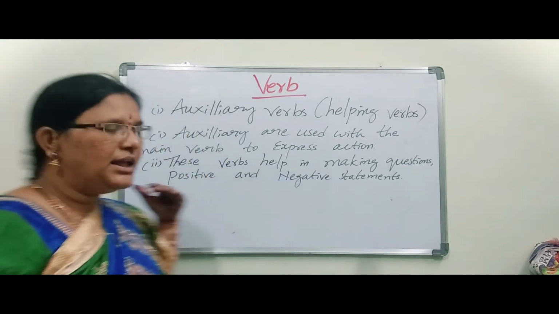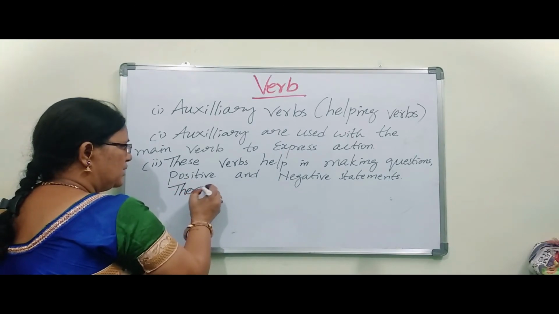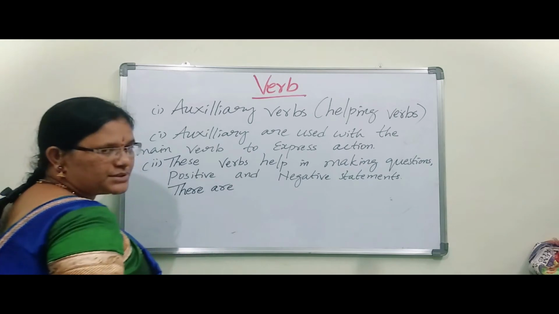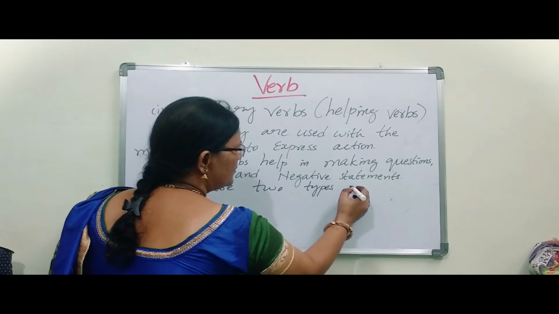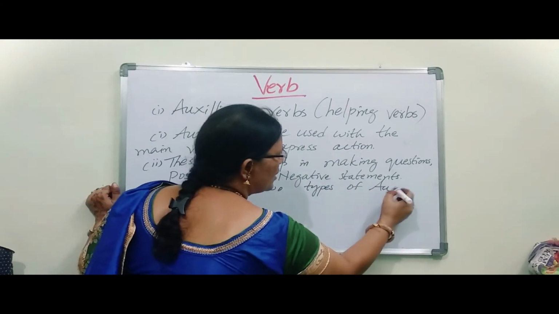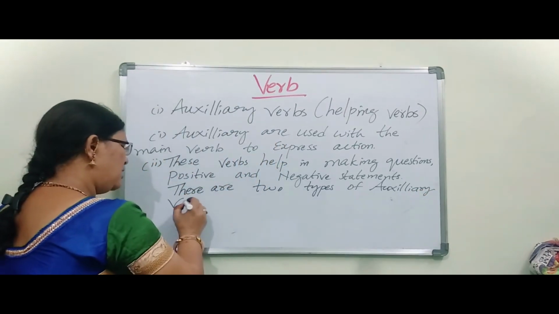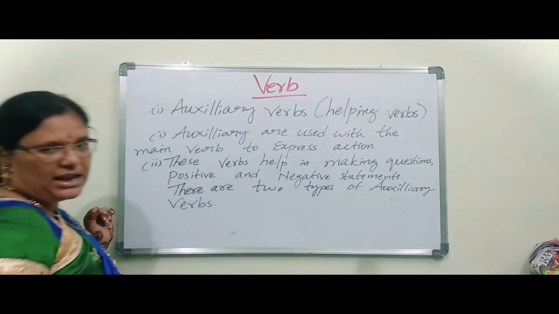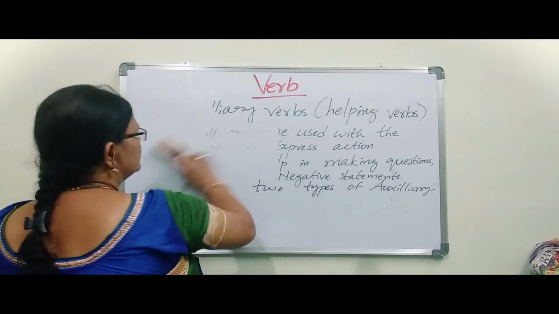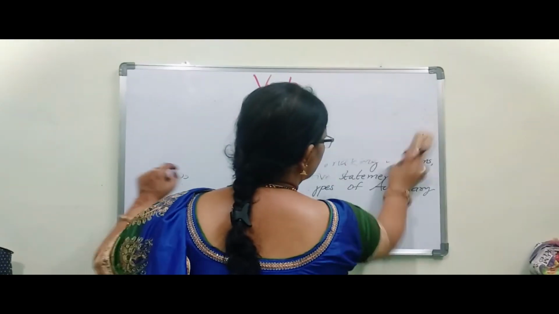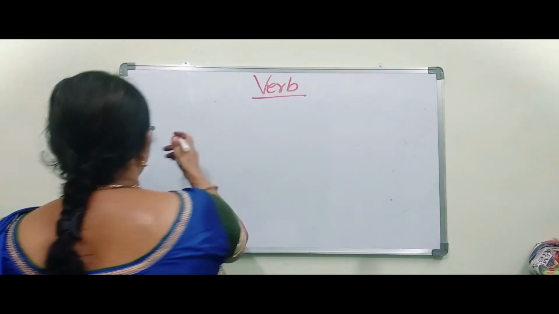Okay. There are two types of auxiliary verbs. Let us see what they are.